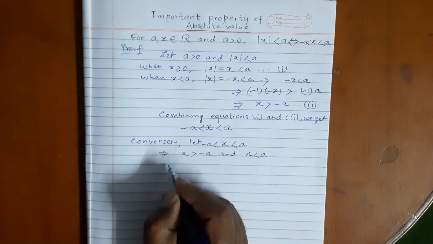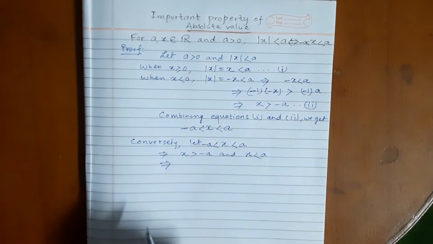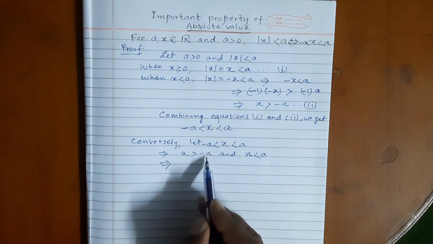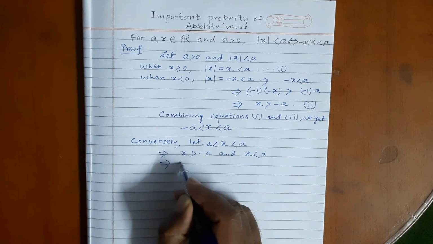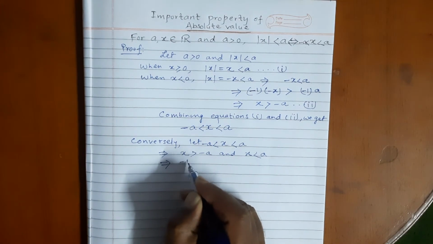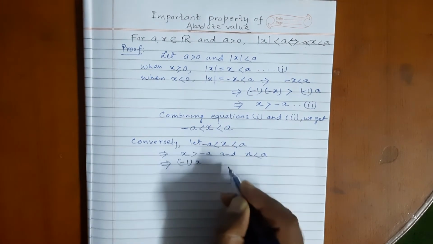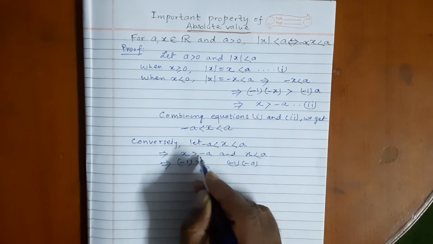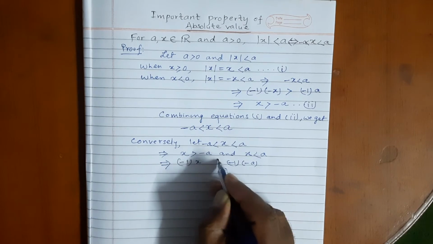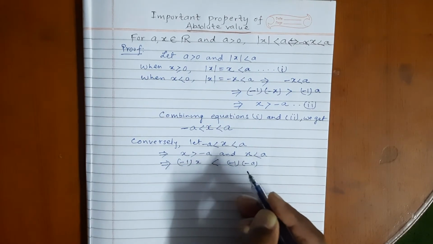And now, if you multiply both sides of the first inequality by minus 1, it will be minus 1 times x and minus 1 times minus a, and the inequality sign will be reversed. It was bigger than, now it will be lesser than.